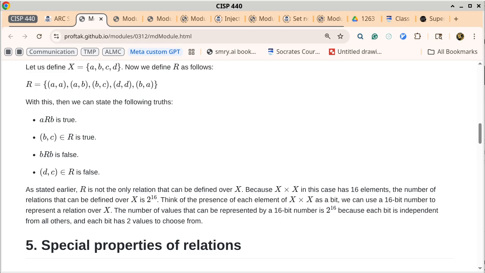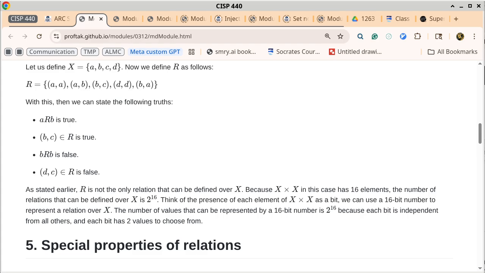According to the power set calculation, the total number of subsets of the Cartesian product of X and X is 2 to the power 16, which is 65,536. So that's the total number of relations that we can actually define over X. Now, many of those can be useless, but nonetheless, every single one of those can be seen as a relation.